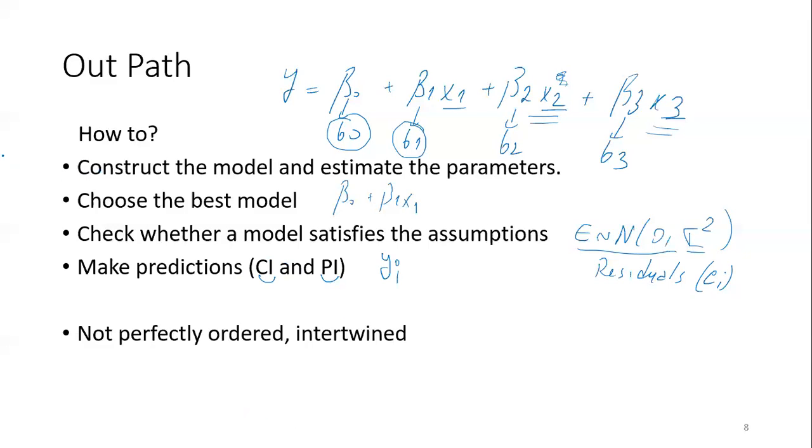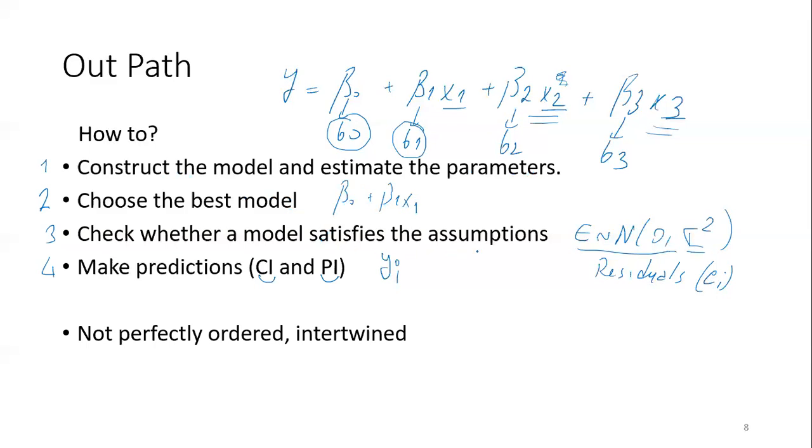This is not a perfect order. It's not strictly first do this, second this, third this, and so on. It's a bit intertwined, with a drift structure. What does this mean? For example, you construct the model, estimate the parameters, then choose the best model.